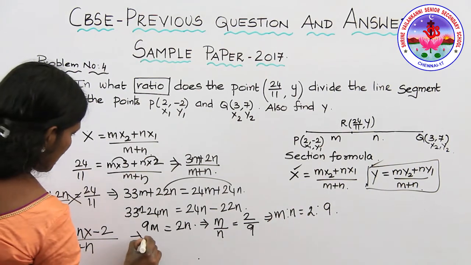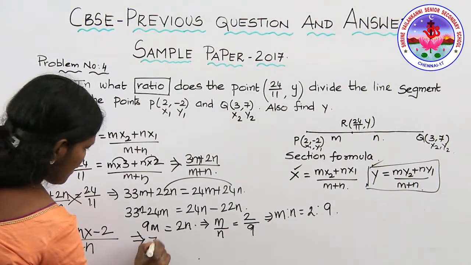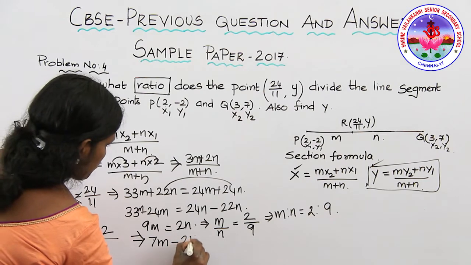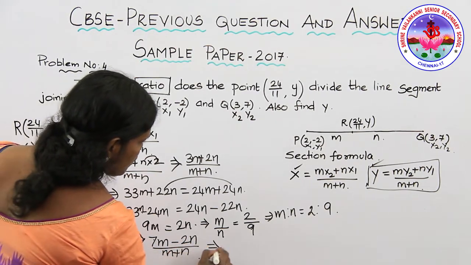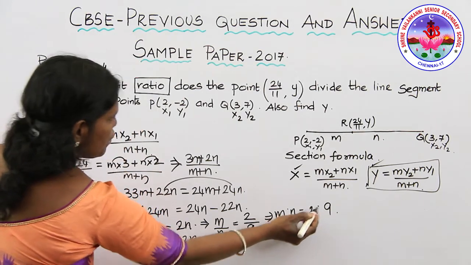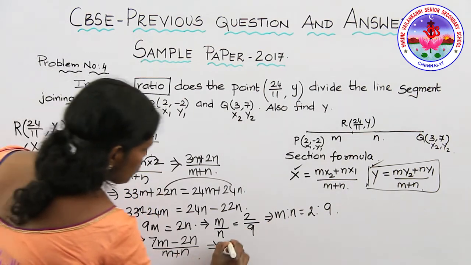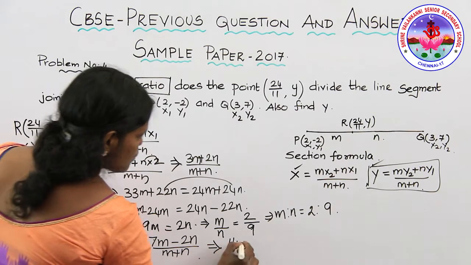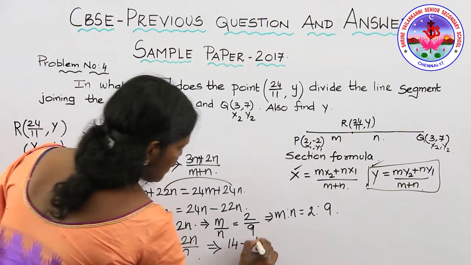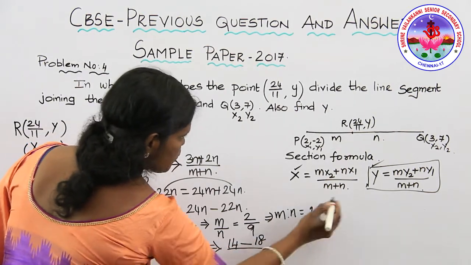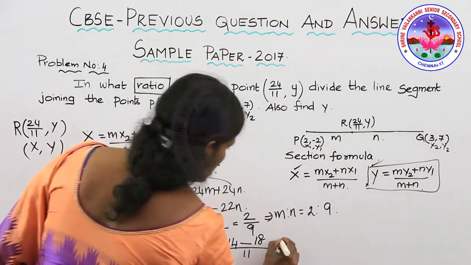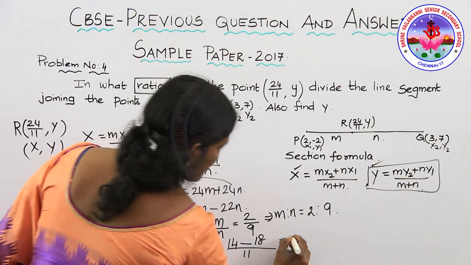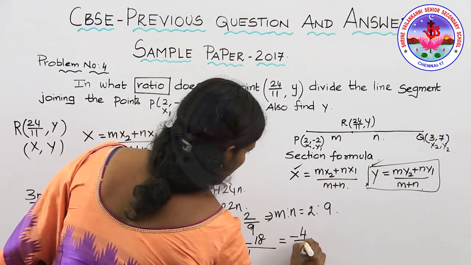So further this can be expressed as 7m minus 2n divided by m plus n. Now I am going to substitute m:n in the ratio. 2 into 7 is 14, minus 2 into 9, 18, divided by 2 plus 9, which is 11. So which is equal to 14 minus 18, that is minus 4 by 11.